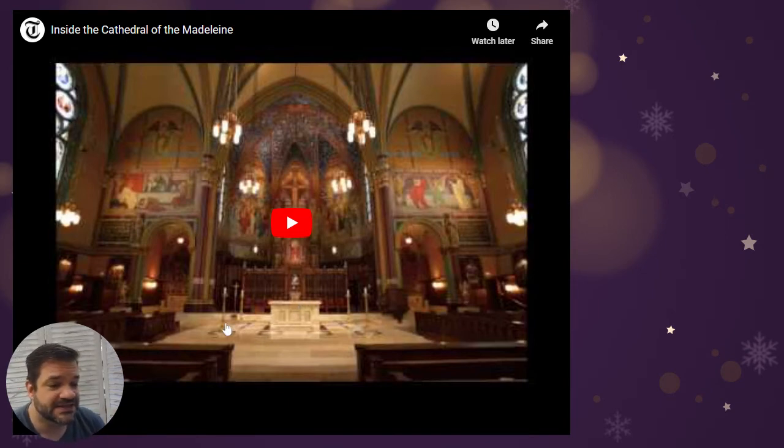You can see the crossing here. You can see the altar, the choir is behind in the apse, and that's again where the reliquary is. And over here are our chapels and the stained glass windows. As you walk into the church proper, you leave the narthex, and you look up to your left.